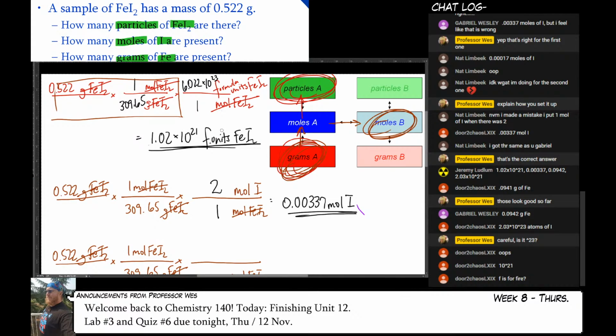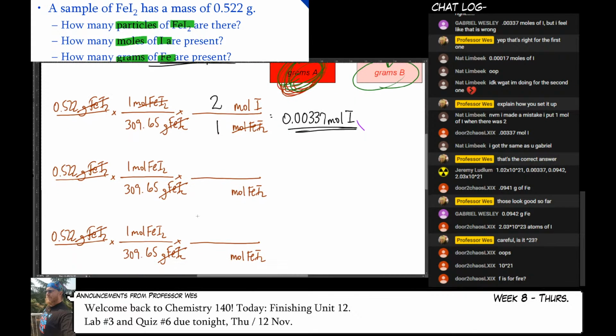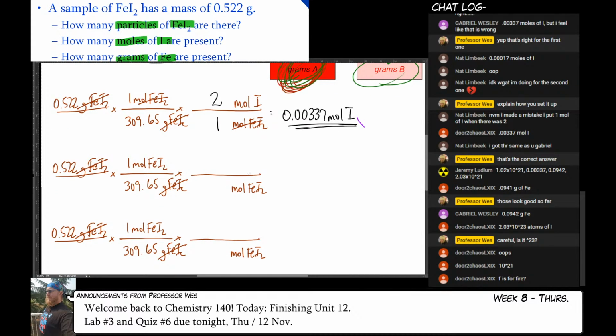For the third problem, which we'll do in green here, I want to go grams of FeI2 over to grams of Fe, it looks like. So when I go down to this problem, again, the setup is the same at the start, but I'll get to this point, and I'll want to do that instead.